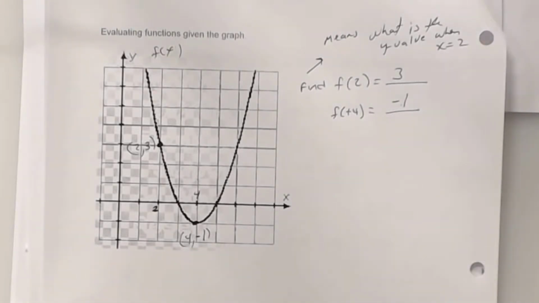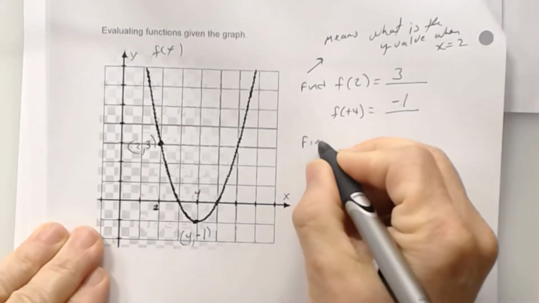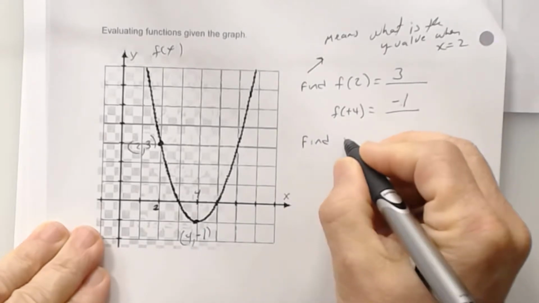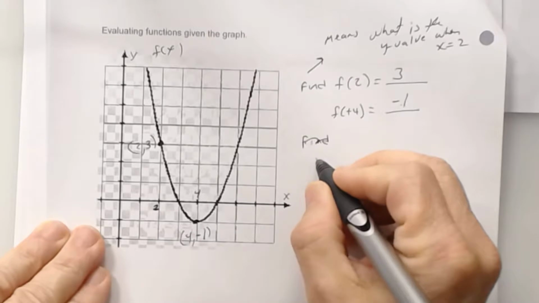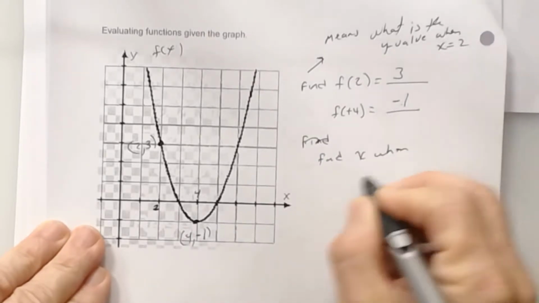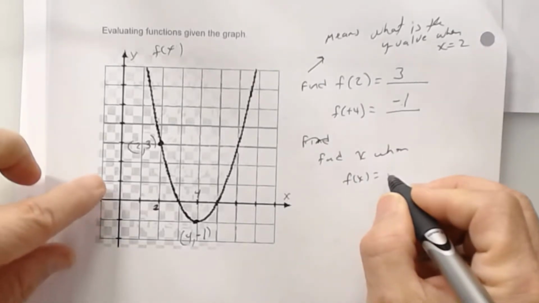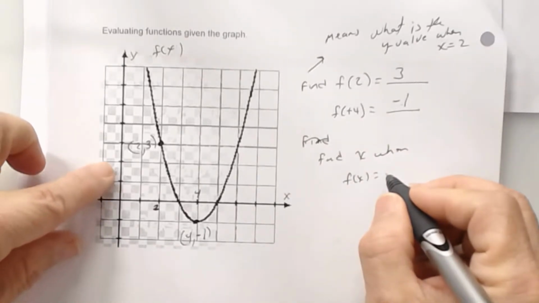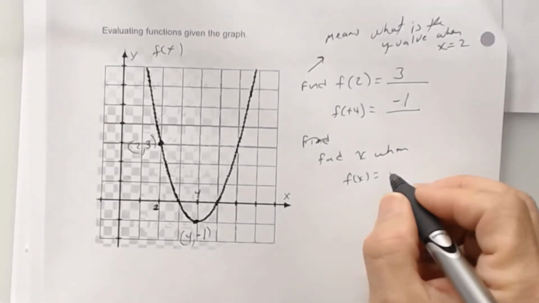All right? Now, listen carefully to the next one. It's actually going to say find x when f of x equals 4.